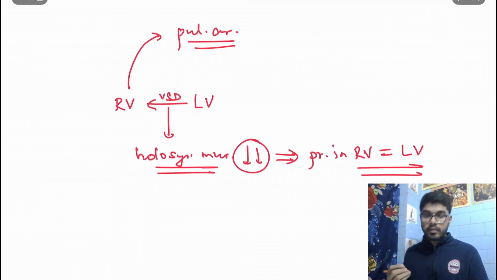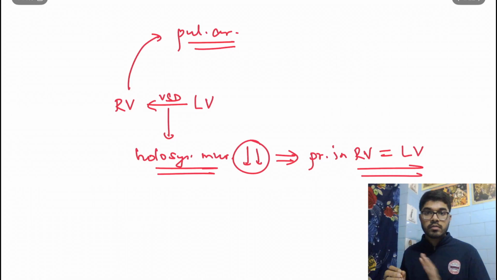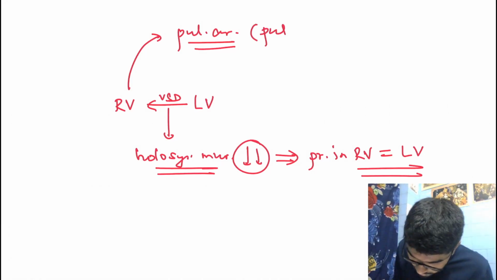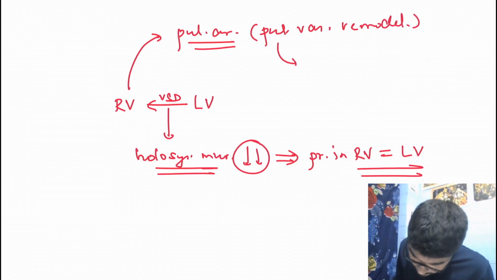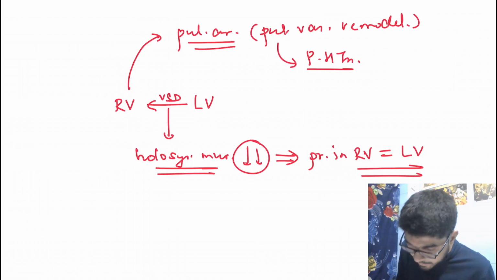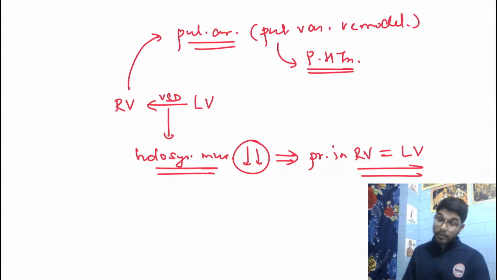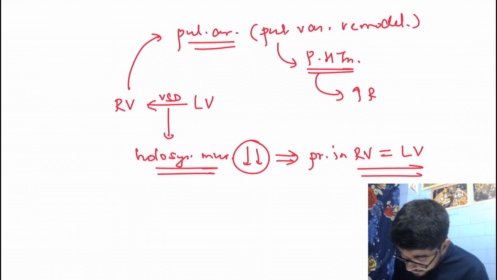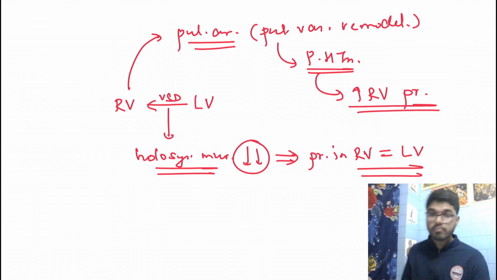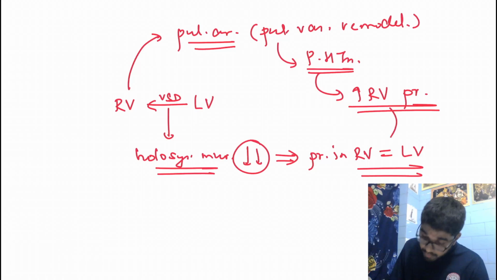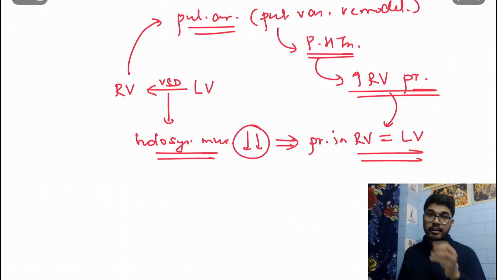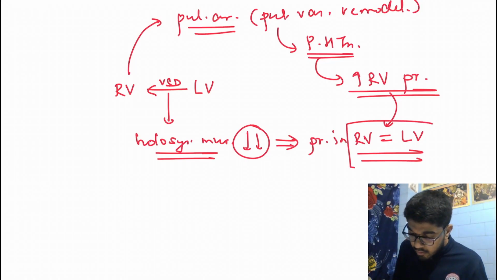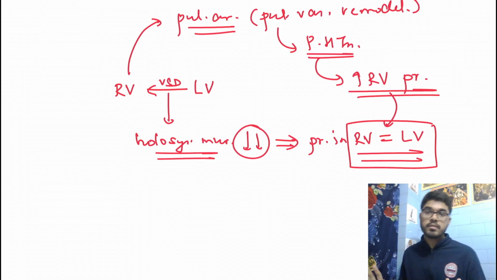Now with this chronic shunting, there is pulmonary vascular remodeling, which results in development of pulmonary hypertension. And this pulmonary hypertension increases the right ventricular pressure, right? And with time, this right ventricular pressure becomes equal to the left ventricle, and at that point, this murmur disappears. Okay, because there is no flow.